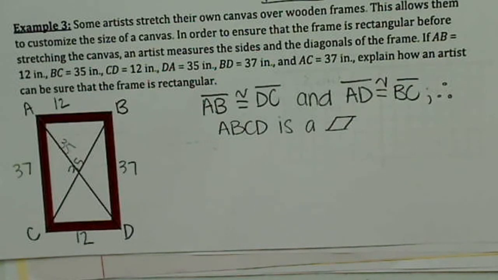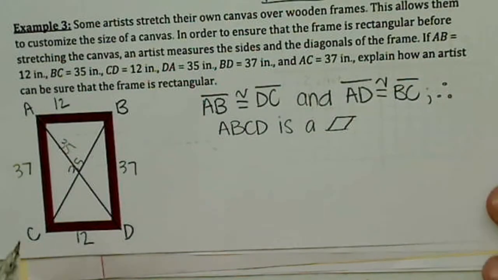Now, in order for us to tell that it's a rectangle, either my four angles need to all be 90 degrees, or my diagonals must be congruent, which is what it says in Theorem 6.13. If a parallelogram is a rectangle, then the diagonals are congruent. Okay?